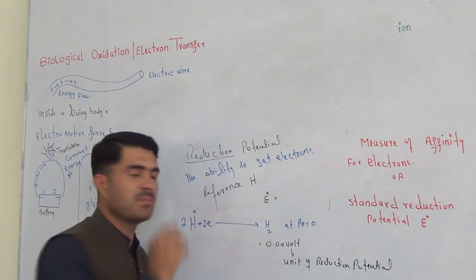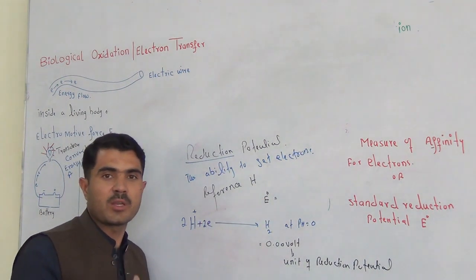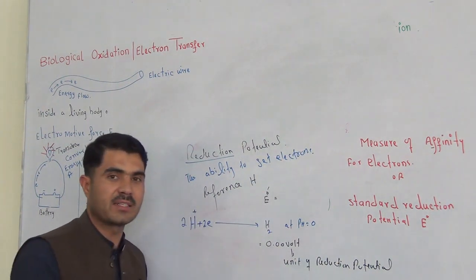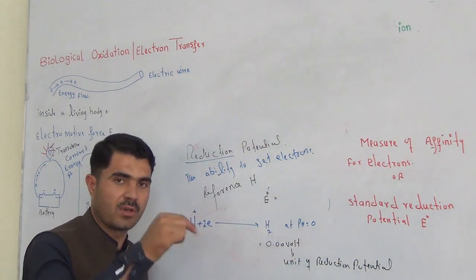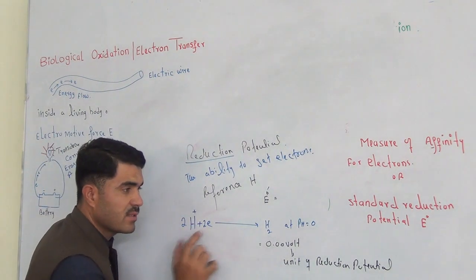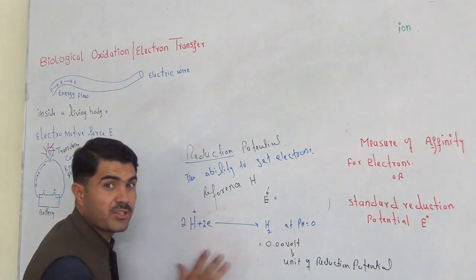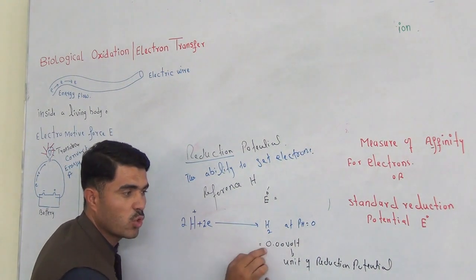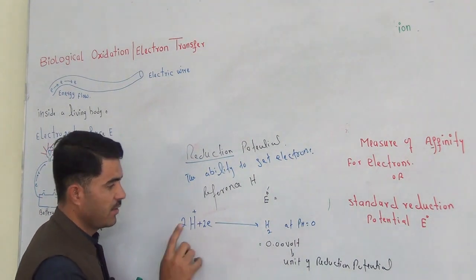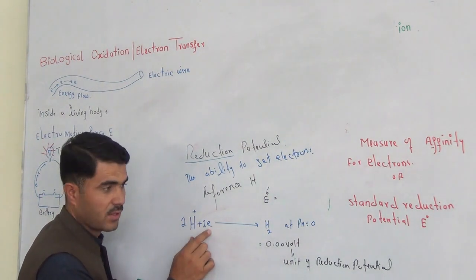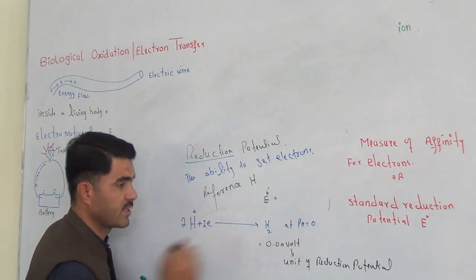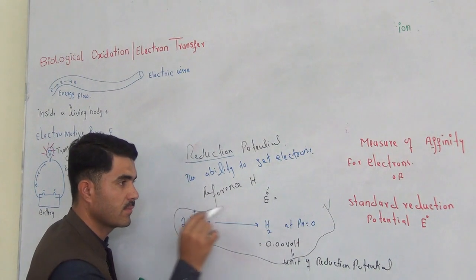If you don't write this, it is not at the body pH, it may be at any pH, but if you write it, it means it is according to the physiological body pH. So the reduction potential of hydrogen is 0.000 volt, meaning it is very difficult for the hydrogen to get electrons to become H2. So this is our standard.